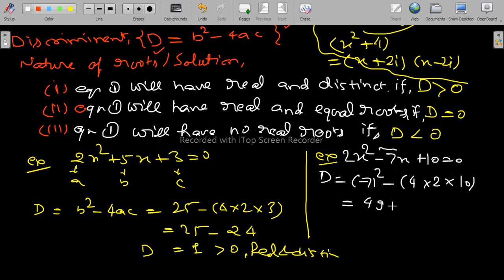This is 49 and 4 times 2 is 8, and 8 into 10 is going to be 80. Now obviously we can see this is going to be negative because 80 is greater than 49, so this is not positive, it becomes less than 0. So in this case, no real roots. The equation will have no real roots. It means this quadratic equation cannot be expressed as a product of two linear factors.